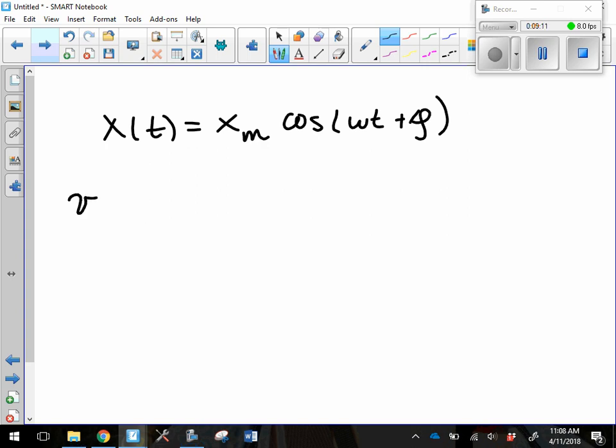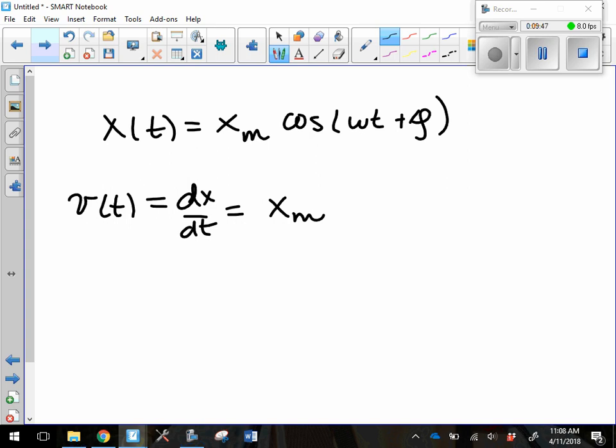And then how do I find v of t? How do I always find v of t? Take the derivative of the position function. Okay, so xm is just a constant. It's the amplitude. So for whatever the system is, that's a fixed value. It's how far out I pull the pendulum. It's how far down I pull the spring. I could do it differently the next time, but for my system, that's a constant value.